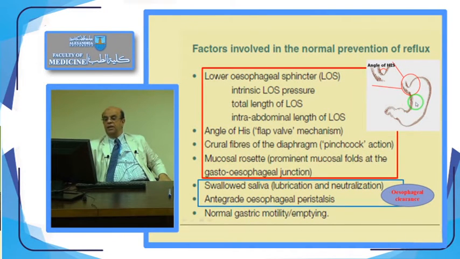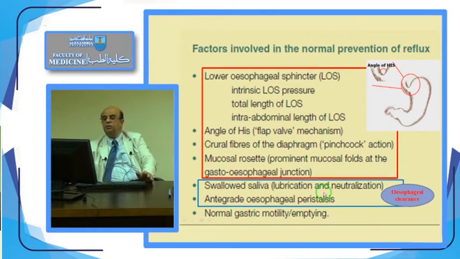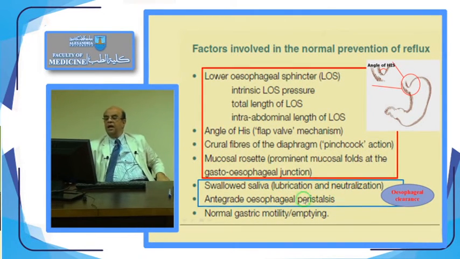The esophageal clearance is the antegrade esophageal peristalsis. Once there is reflux, a peristaltic wave of esophageal contractions pushes the refluxate back to the stomach, and the saliva has a neutralizing and lubricating action that guards against the harmful effect of refluxate.